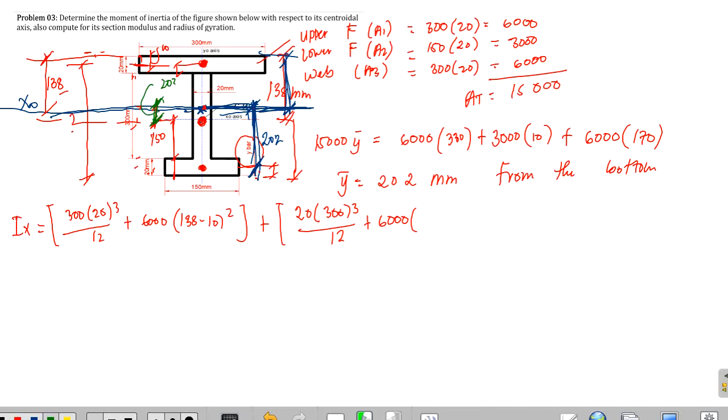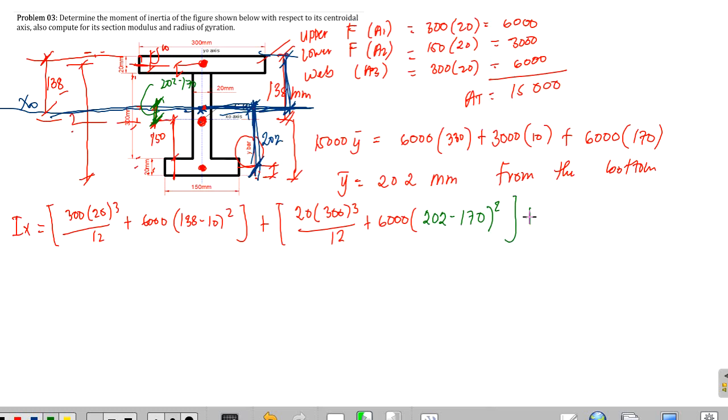That is 202 minus 170, squared. Don't forget the squared.